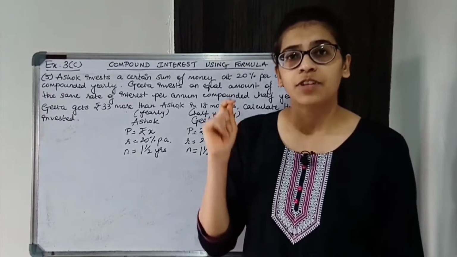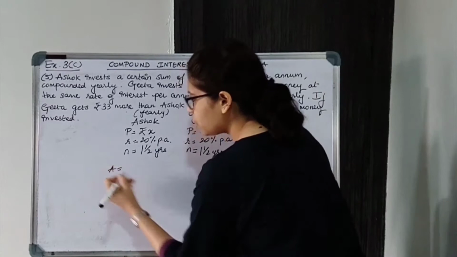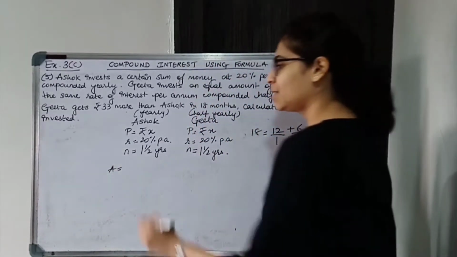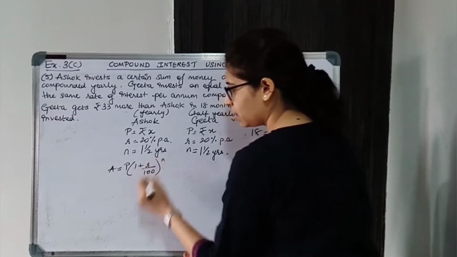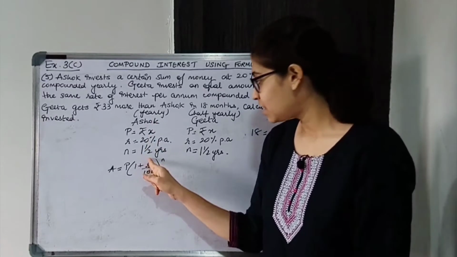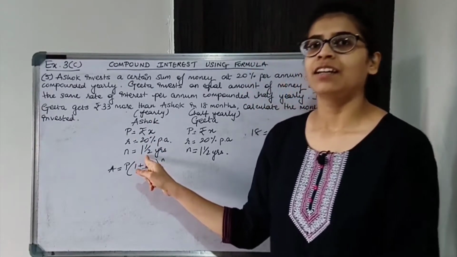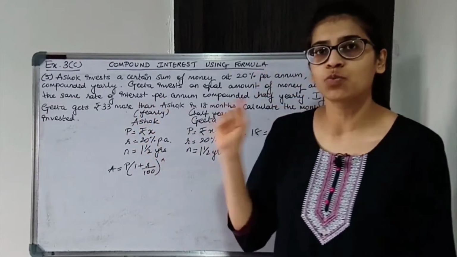Now first we'll find the amount. So what is the formula for amount? It is P into 1 plus R upon 100 raised to n. Now here the n for yearly, it is in fraction. Now whenever it is in fraction form for yearly compound interest, what you will do?